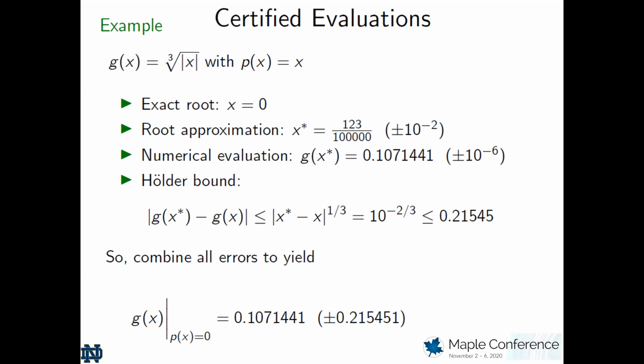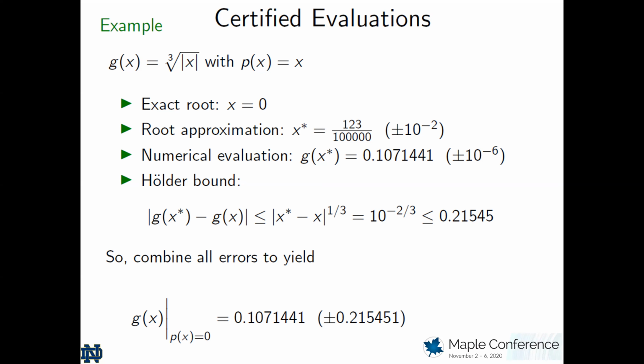Then we have a Holder bound. We know the distance from x star to x. We have this upper bound on that distance. And we know its Holder exponent is 1/3 with Holder constant 1. So we have a Holder bound of 10 to the minus 2/3. Again, we can't exactly compute that, so we compute an upper bound as shown.